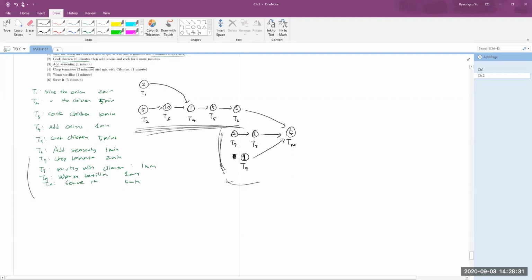So the path through cooking chicken is definitely the longest job you need to do. Even if you invest in chopping tomatoes or mixing cilantro and decrease their cost, you cannot decrease the cost of the whole job. The whole job's cost still depends on the longest path. That's why we call it the critical path.